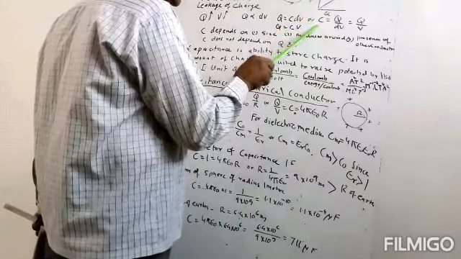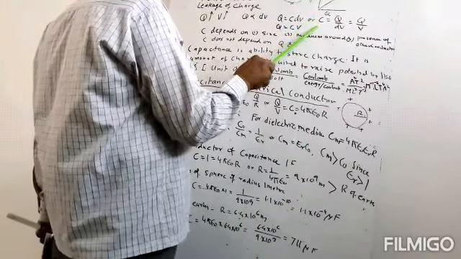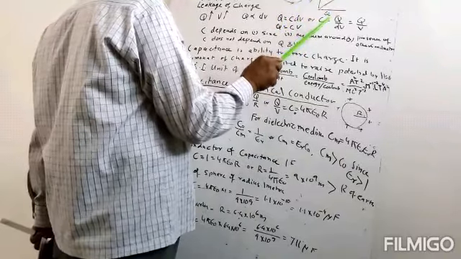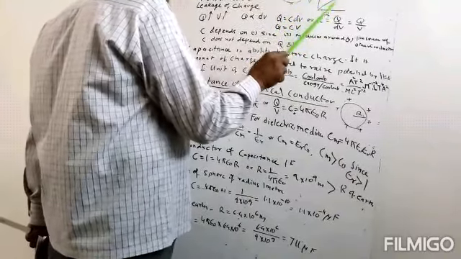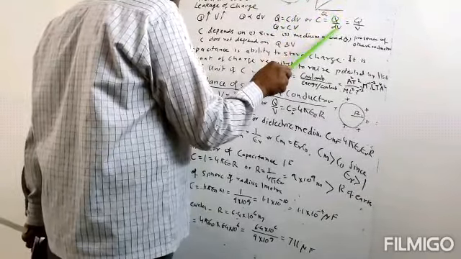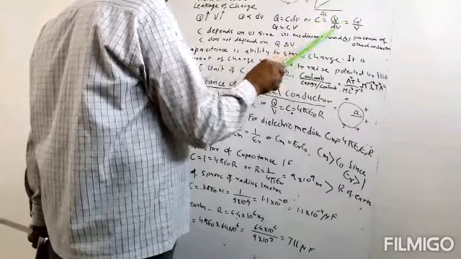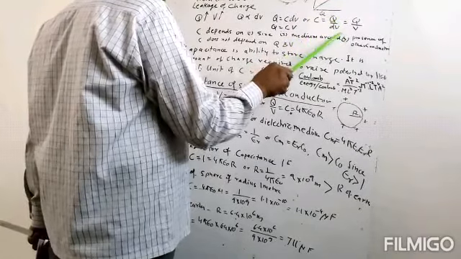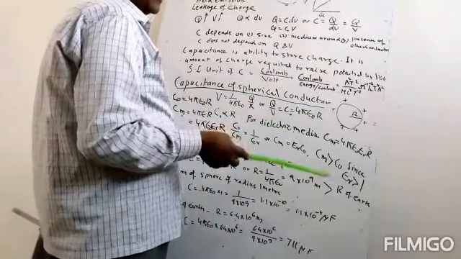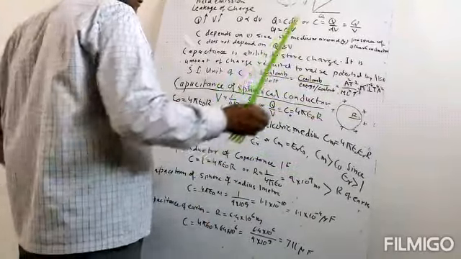So the second method for having more capacitance is keeping the charge constant and decreasing the potential difference, then the capacitance will be increased. And this is the principle of capacitor or condenser.